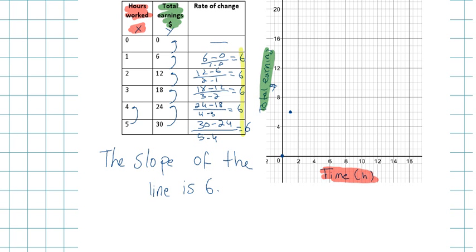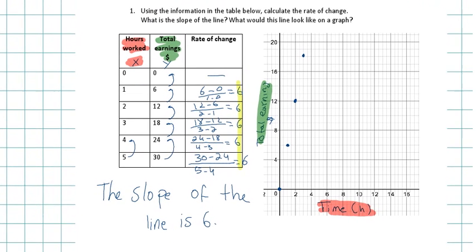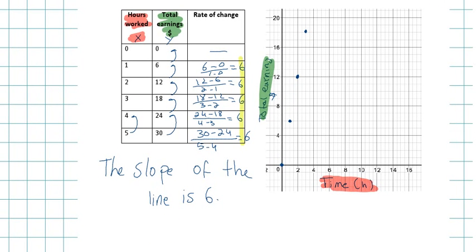My third point is 2, 12. So 2, 12. Then 3, 18. I might not be able to fit all these points here. I'm not going to be able to fit any more, but you guys have the idea of it, right? So if I draw the line, it's going to be like this.